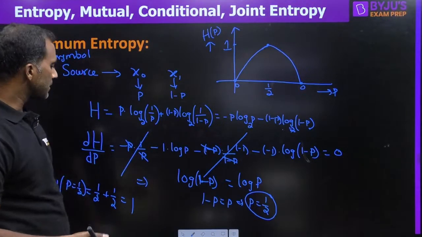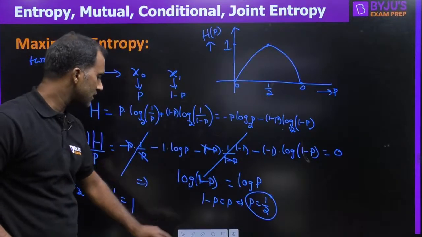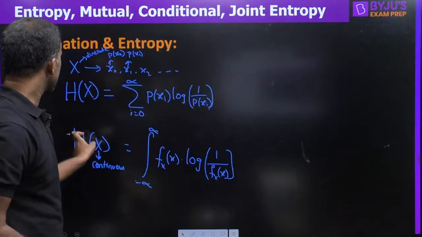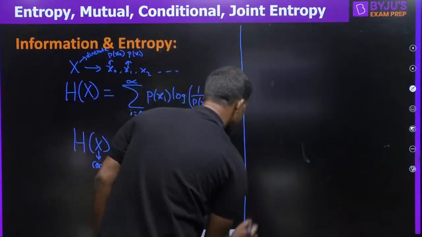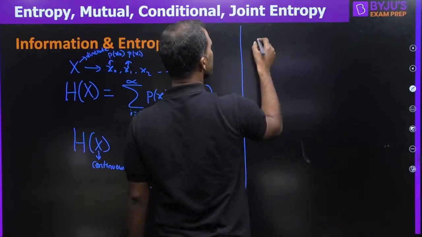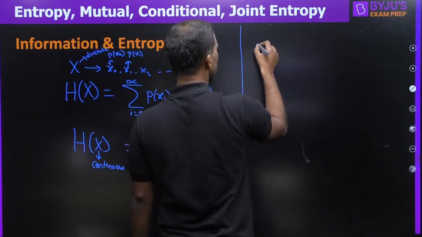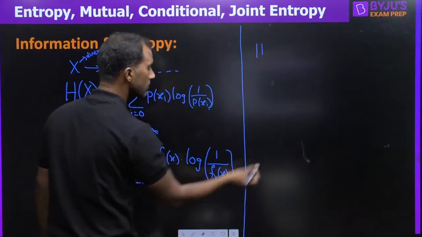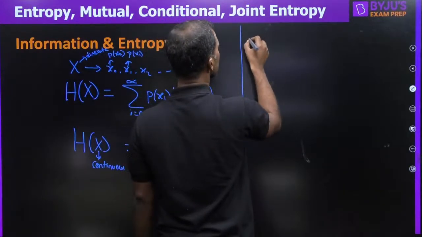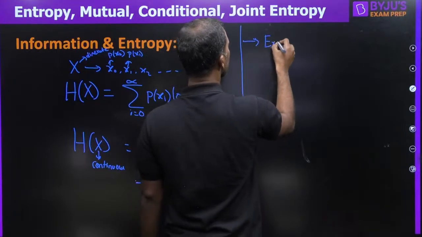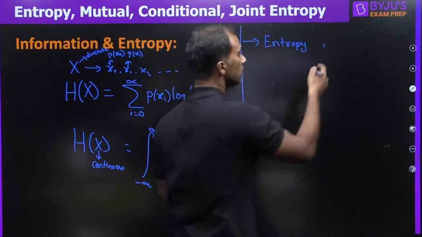Shall we extend it for multiple symbols? Let's extend it for multiple symbols. We can get some general result. Yeah, let me write it here because we are having space here. Entropy from a source, or entropy of a random variable also you can call.